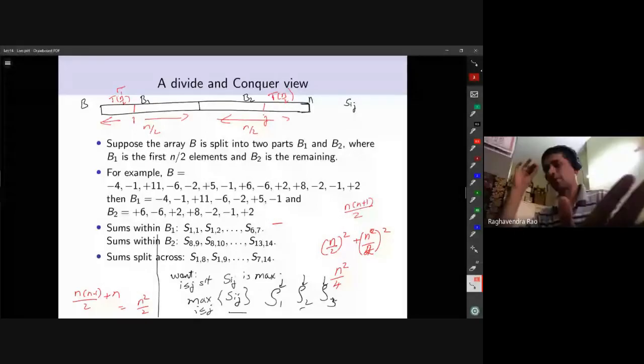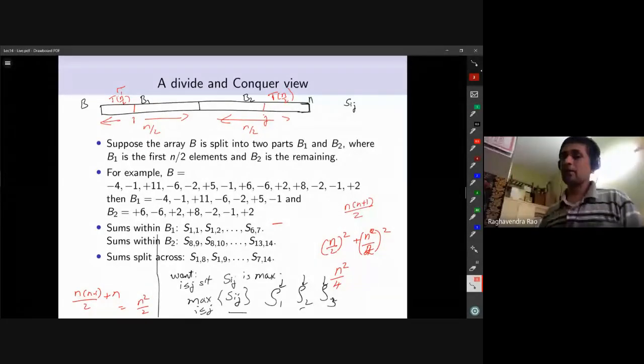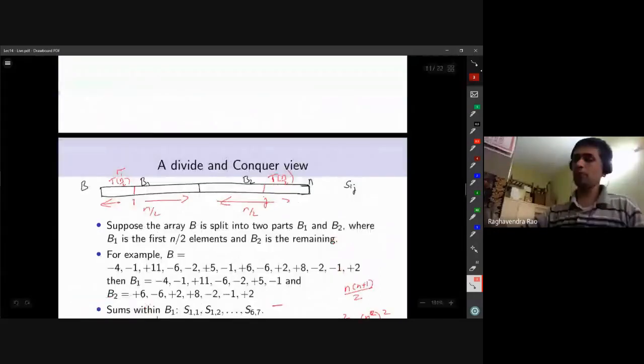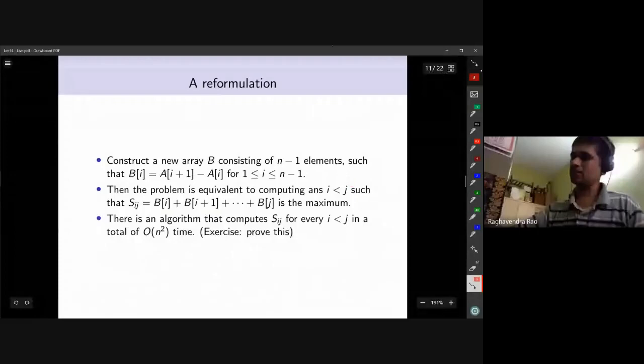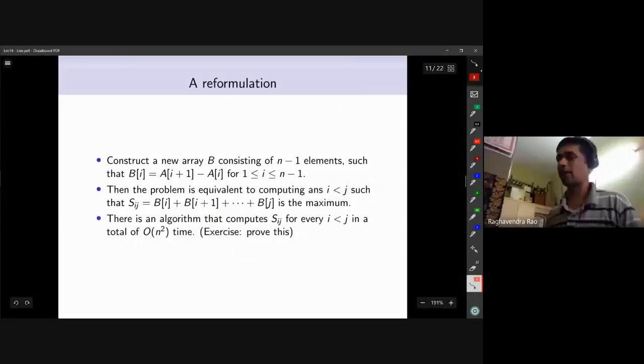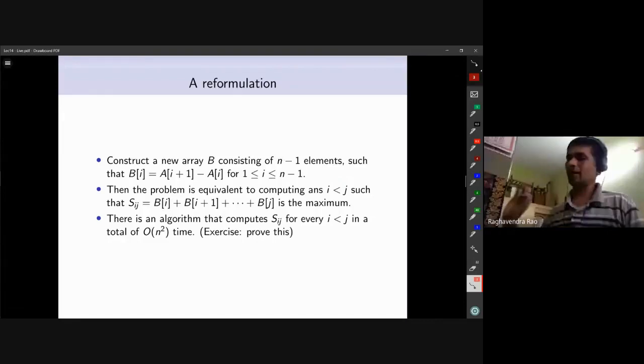So for everybody else, the problem we are considering now is the maximum sum subarray problem. That is, we want to compute indices i, j such that the sum from location i to location j is the maximum. For that, we can even have i less than j; we don't need i less than or equal to j. For our reformulation we did need that, but it's not required anymore. It can be taken care of by re-indexing.